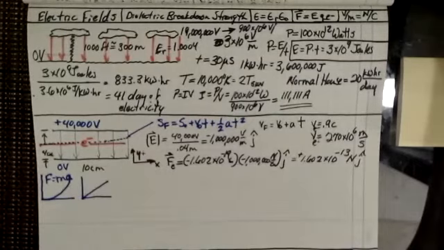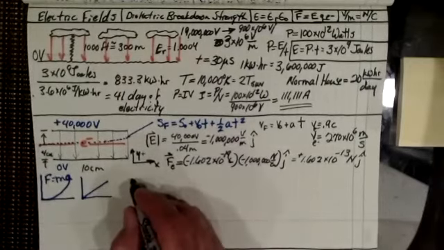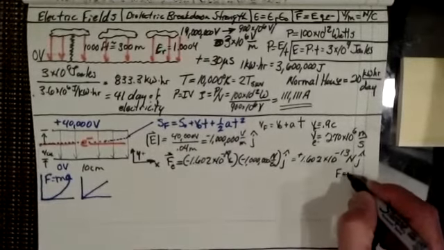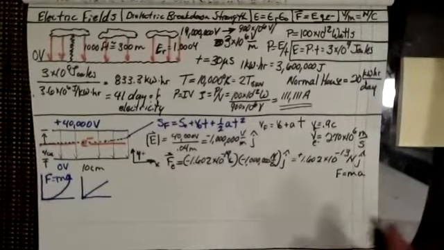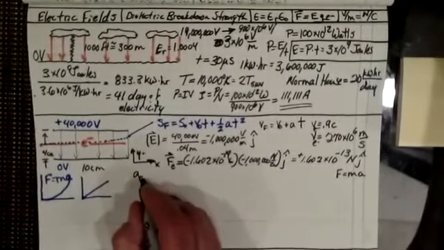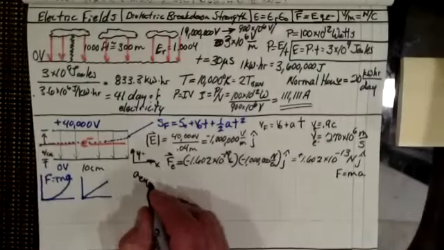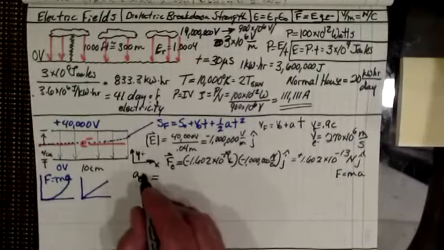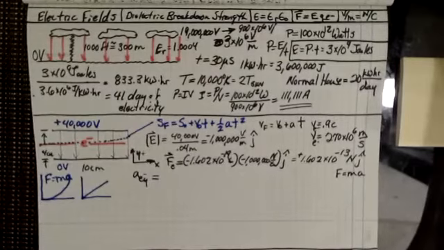And we know what the force is on the electron. Before we do that, the force on the electron, we know that force equals mass times acceleration, right? So what's the acceleration of the electron in the y direction?